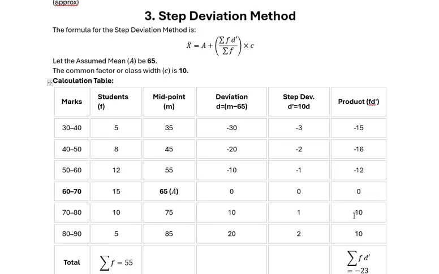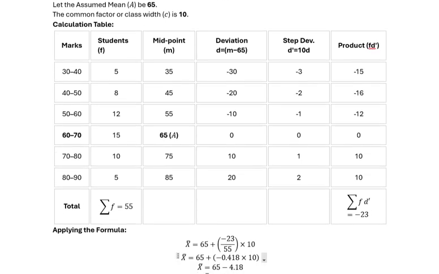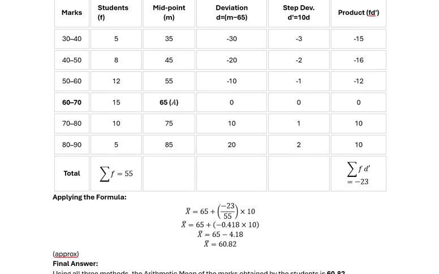Now, the next step is to make the total of this. So the total of this will become 43, and from 43 you are going to subtract this 20, you will get minus 23. Now put that in the formula of step deviation.